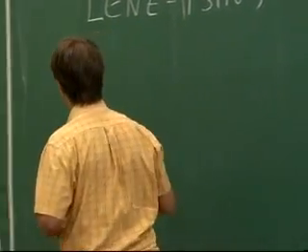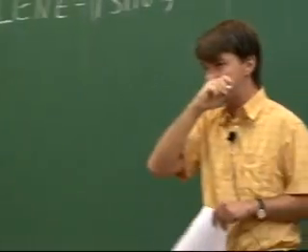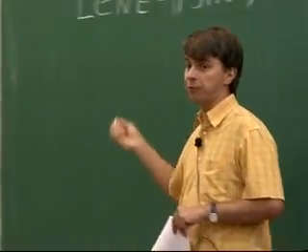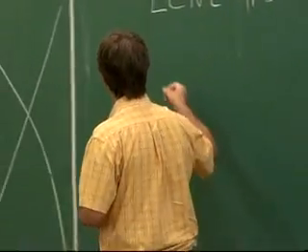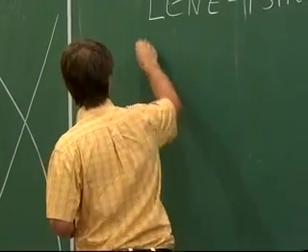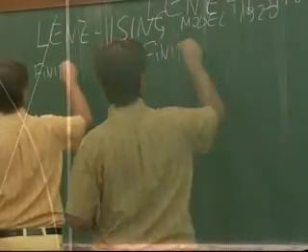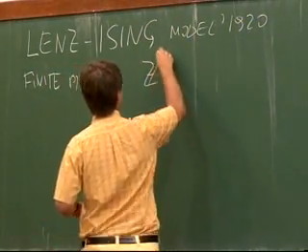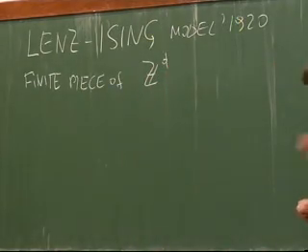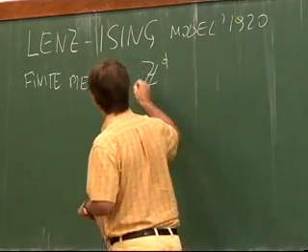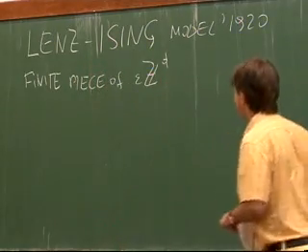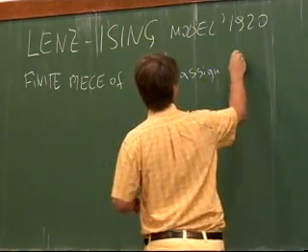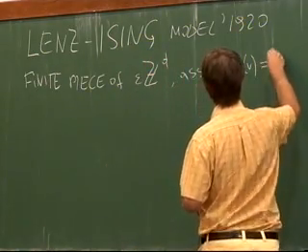The model, which was already on the transparency 2 days ago, can be played on any graph. Usually it's played on a grid. So we take a finite piece of Z^d. In our case it will be Z^2, and we usually take mesh epsilon, so you can think of epsilon Z^d, and you assign spins to vertices.